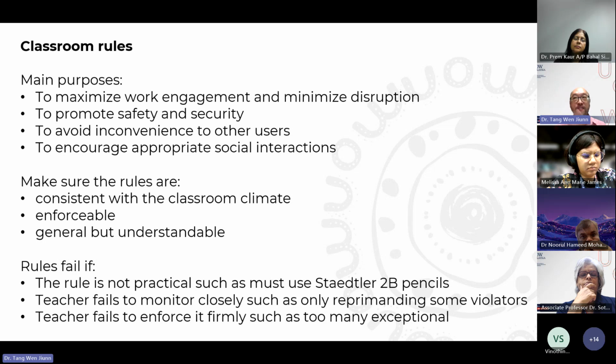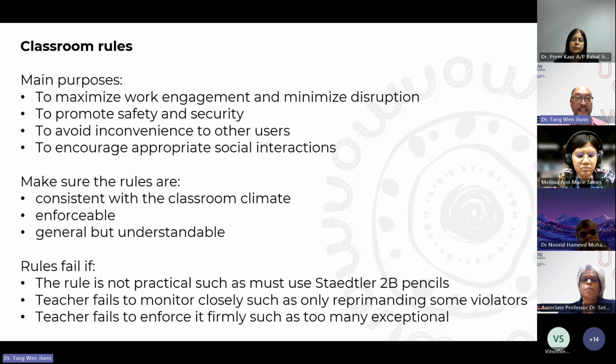If it's for medical purposes, fine, we cannot avoid that, but they start to give you excuses like, oh, my shoes are still wet, or I forgot. They'll come up with all the ideas. That's where the rules will fail, if you don't keep to your words firmly. So these are some of the guidelines on laying out the rules.